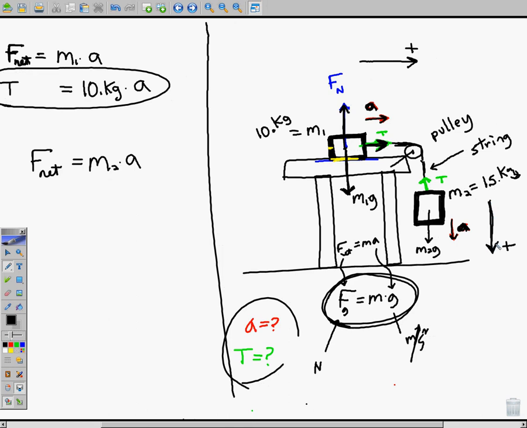So when you go to do your net force, it's always all the forces in the positive direction minus all the forces in the negative direction. So over here, we have this object, and we have the tension holding it up, and we have m2g pulling it down. So what's going to be my expression this time for the net force? The difference between m2g and T. Exactly. Bravo.